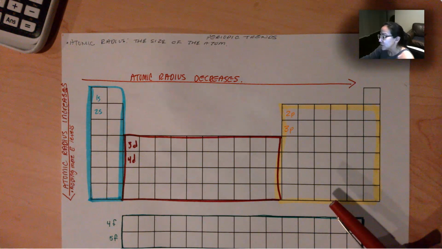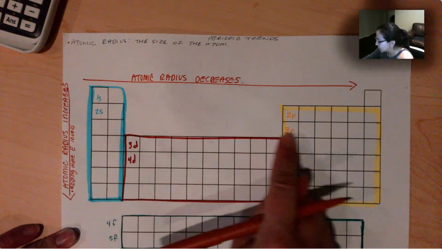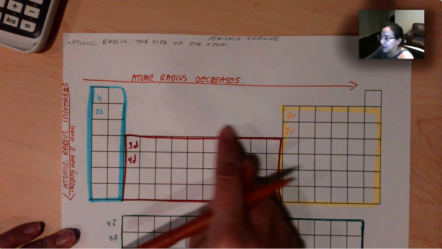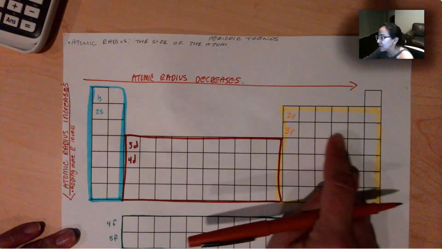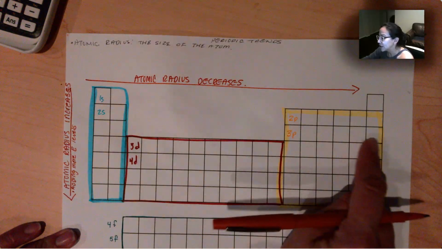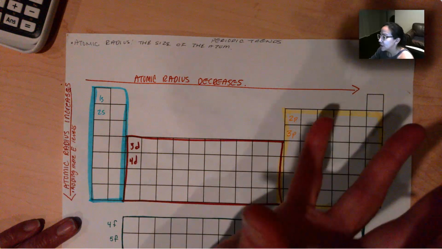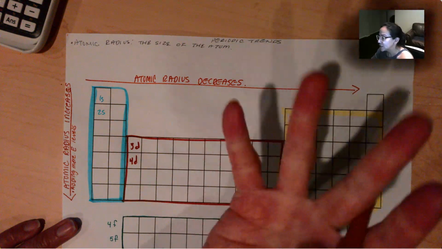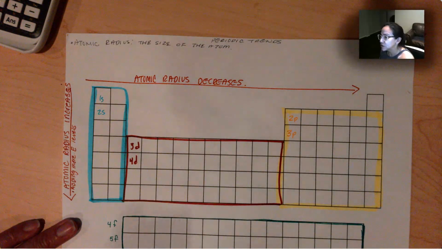Remember, this is the same shell, so we're adding more protons, and yes, more electrons, and that only causes the center to become more powerful, squeezing those electrons towards it.